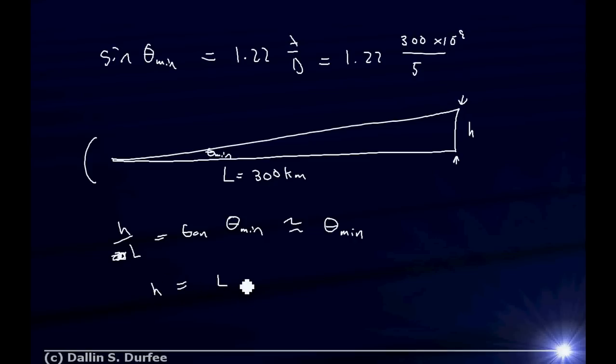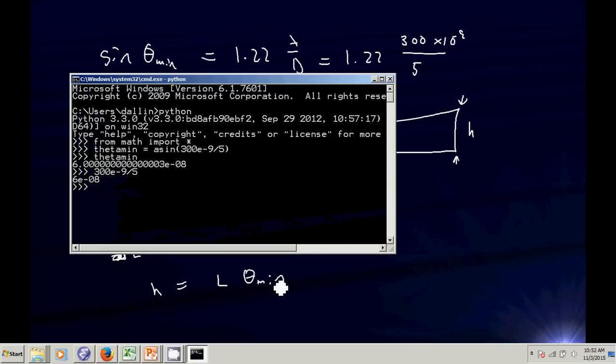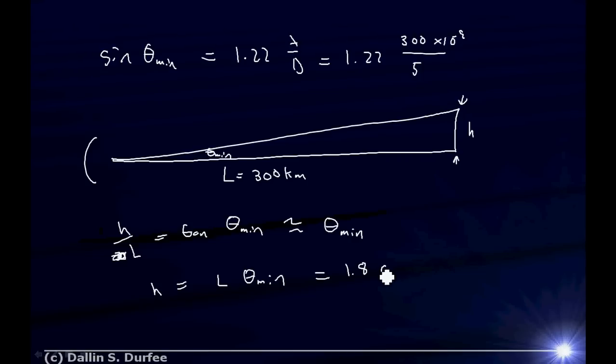Plugging that into my calculator, 300 times 10 to the 3 times theta min is 0.018 meters, or about 1.8 centimeters. So that's what Rayleigh's criterion says we can see with a spy satellite using the parameters that we thought were reasonable. About 2 centimeters-ish.